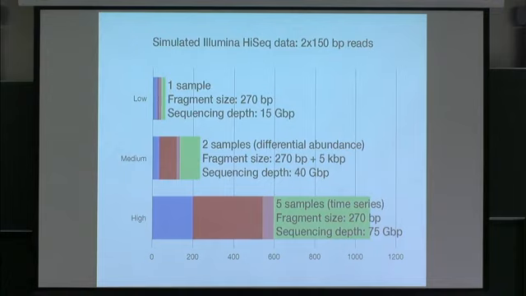The medium data set has 2 samples, a differential abundance setting, and 2 different fragment sizes as well. So we have a long fragment, or long insert, here of 5 kb. Total sequencing depth or simulation depth is 40 gigabases. The highest one is the time series with 5 samples and a sequencing depth of 75 gigabases.